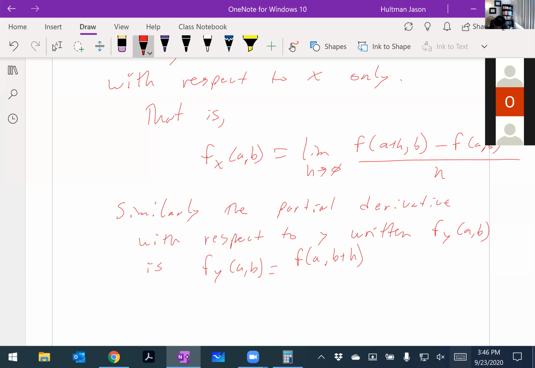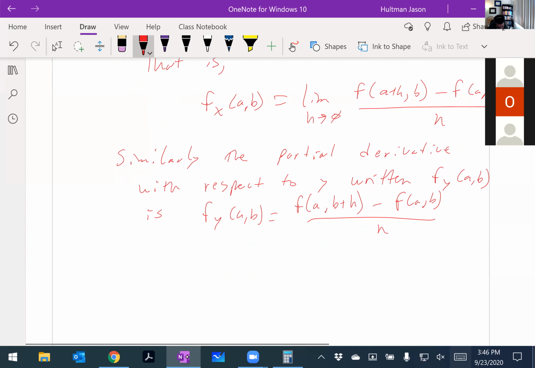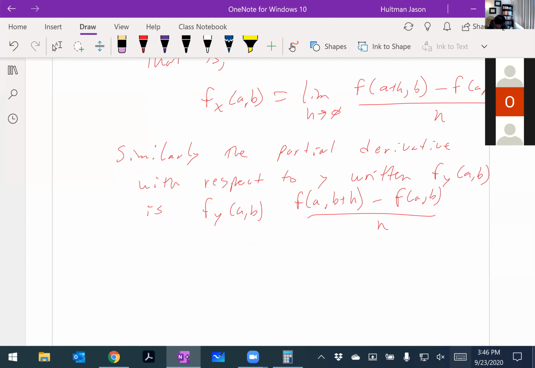So we're fixing the x and we're letting the y vary, minus f of a, b all over h. Oh, sorry, that's the limit. Forgot my limit.